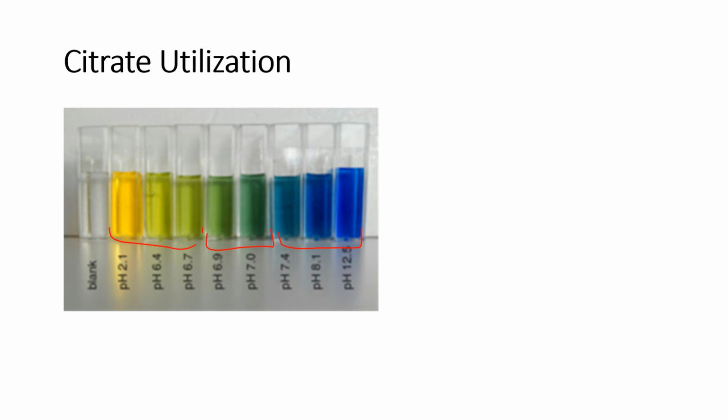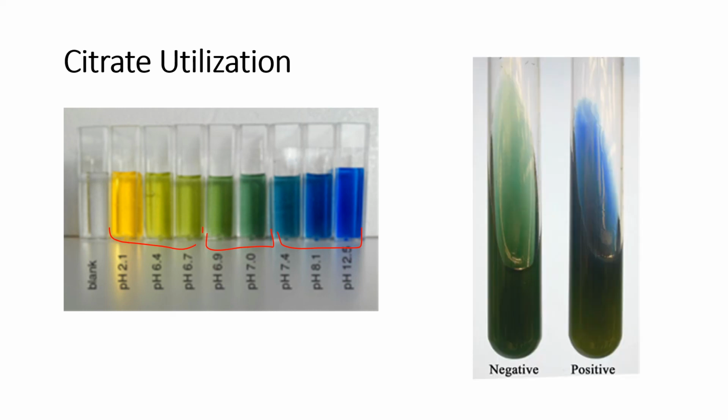Also in the citrate agar, there are ammonium salts, which the bacterium would also have to be able to utilize in order to use citrate as a source of carbon. So if the bacteria do have the enzymes to use the ammonium salts and the citrate, then the media will turn basic because ammonia will be produced.